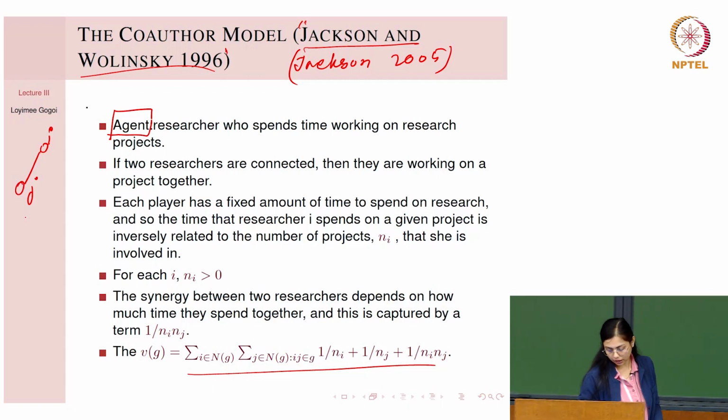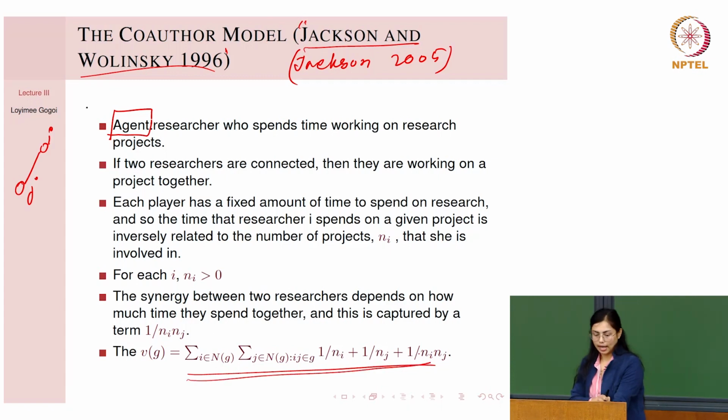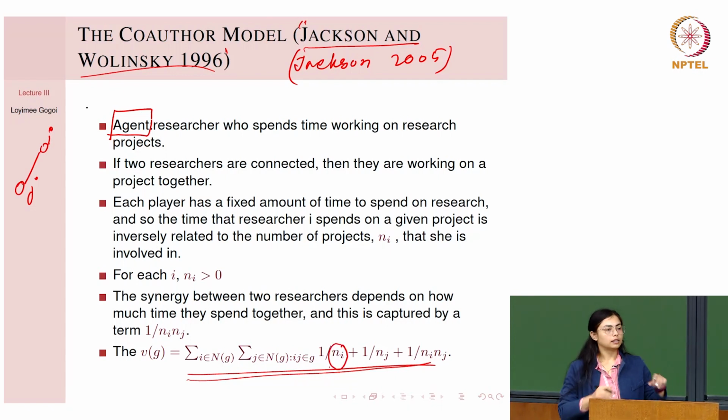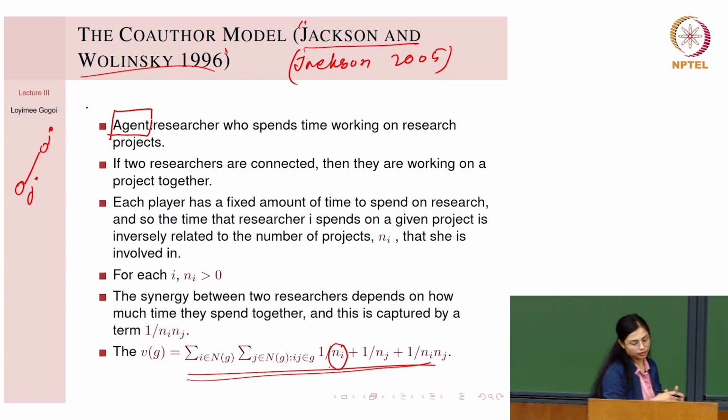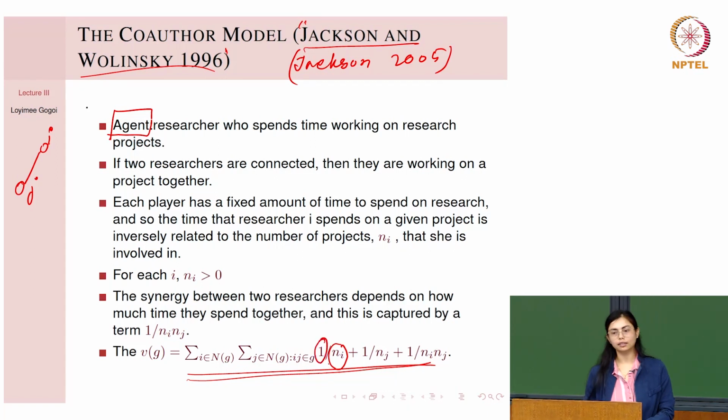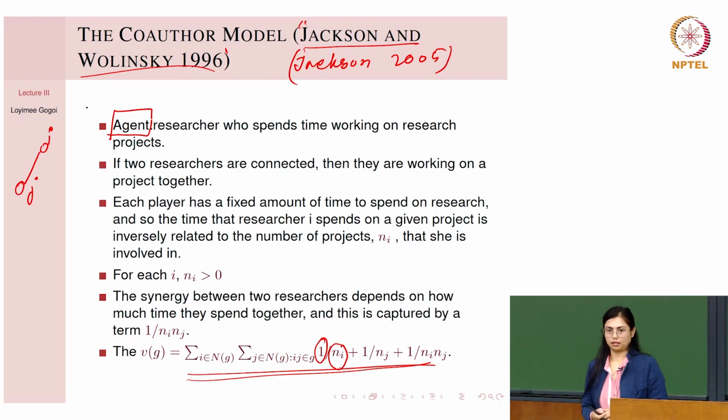And the value is defined as 1 over n_i, meaning for the particular player I, the number of projects he has. His total time is considered as 1, or the whole day of 24 hours, and it is divided equally among the projects he spends time on.